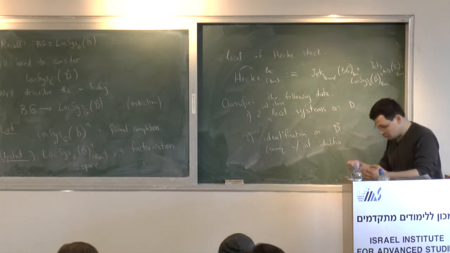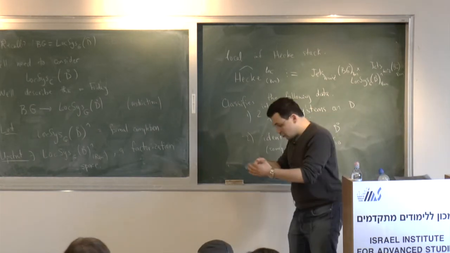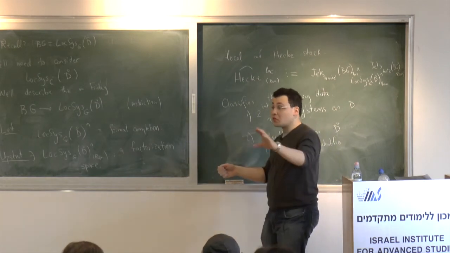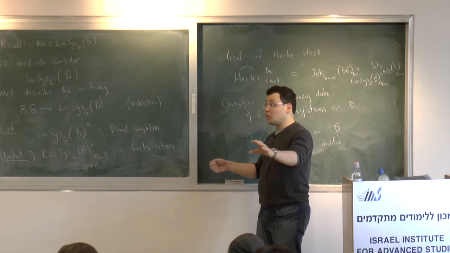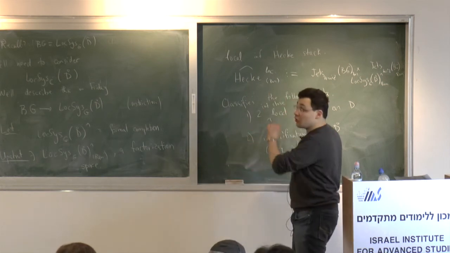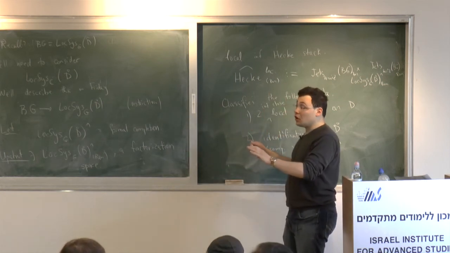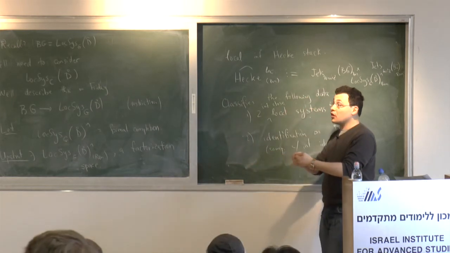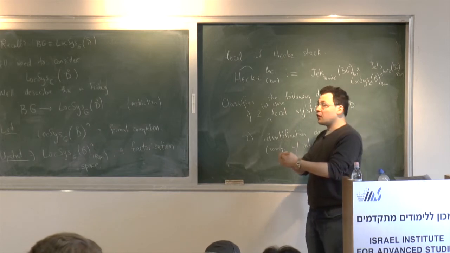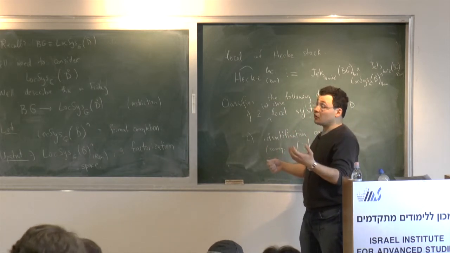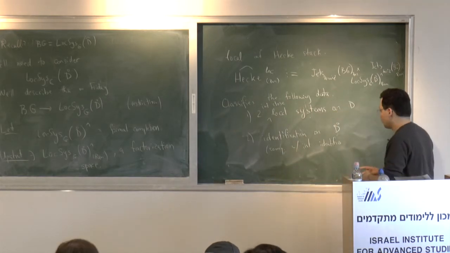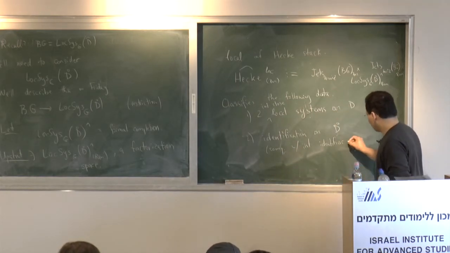If you look at the stack of local systems, one way to describe it is that an S point of this is a local system on S times whatever you're classifying local systems on. Two are infinitesimally close, or the data of identifying them infinitesimally, is to give an identification of the restriction when you look at the reduced part of S. Identification.